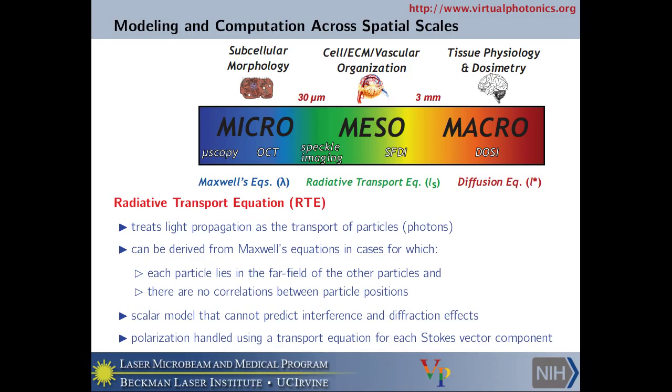But some of the key assumptions, from a more intuitive physical point of view, is that each particle that scatters light in the medium must lie in the far field of the other particles, far field optically, meaning that when light scatters off of a particle, there's a scattered wave, and that scattered wave evolves with propagation distance away from that particle, ultimately becoming a spherical wave at a distance that's multiple particle diameters away from the particle itself. And you're assuming that each particle that may scatter light within the system lies in the far field of all the other particles.